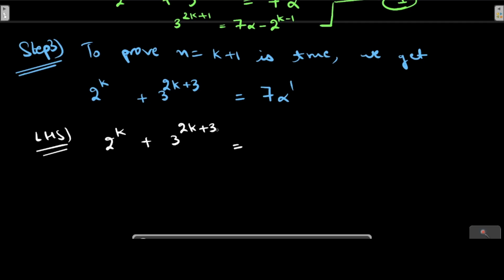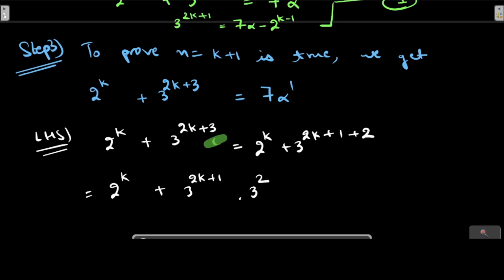Now let's just break this part where the 3 is there. So what it becomes? 2 to the power of k plus 3 to the power of 2k plus 1 plus 2. Okay, that becomes 2 to the power of k plus 3 to the power of 2k plus 1 and 3 to the power of 2, right?